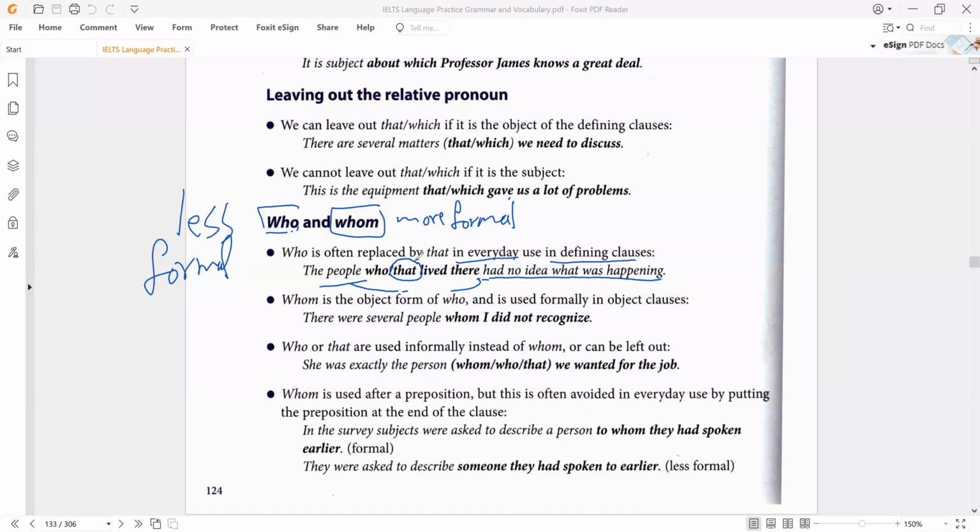Normally we use who with people, but why we can use that here? The people that lived there had no idea. It is okay, but why? هي في العادة the people who لأنه عاقل. Okay, we are talking about, we say people here. So we say the people. Yes? Anyone?